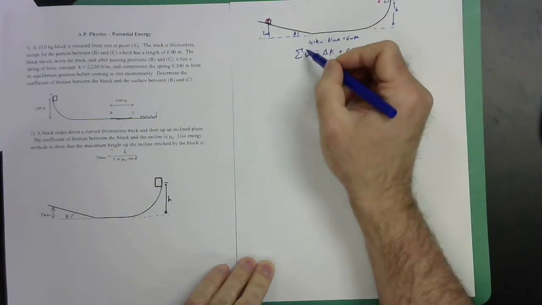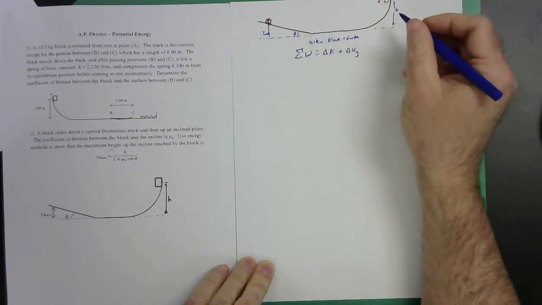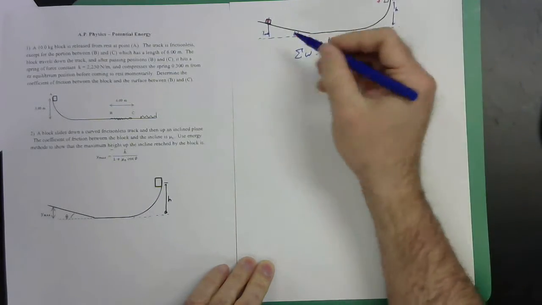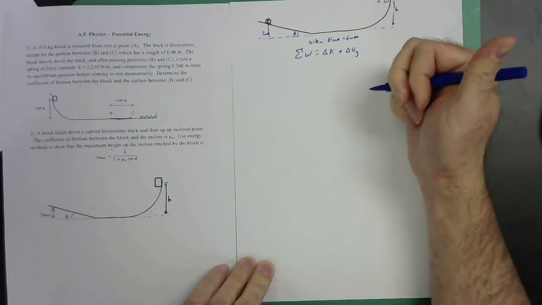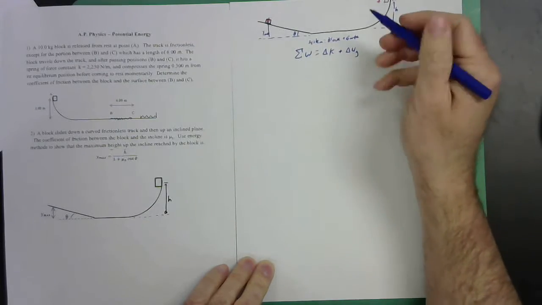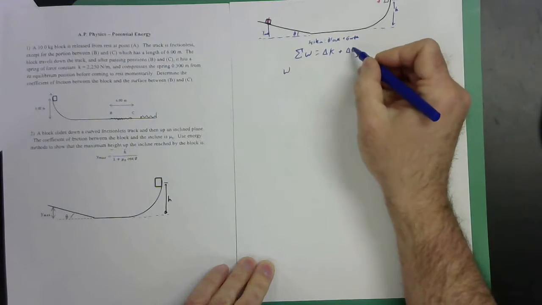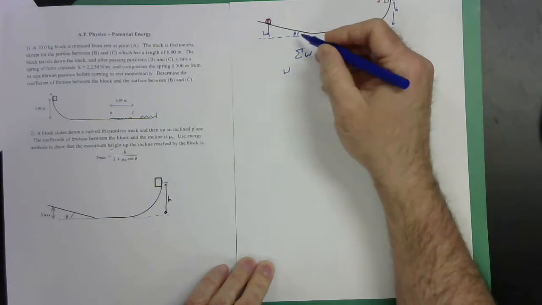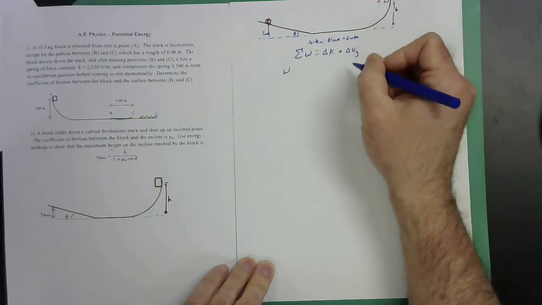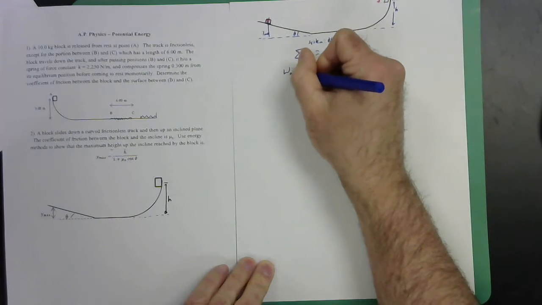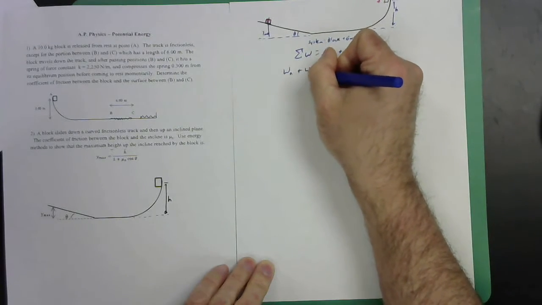Sigma W, I put a work term in for every force. What forces are acting on the block as we go from here to here? You would agree there's gravitational, there's normal, and there's friction. Those are the three forces. There's not going to be a work by gravity because I included the Earth in the system, and so that gravitational force technically wouldn't show up. But I am going to have normal force and friction force.